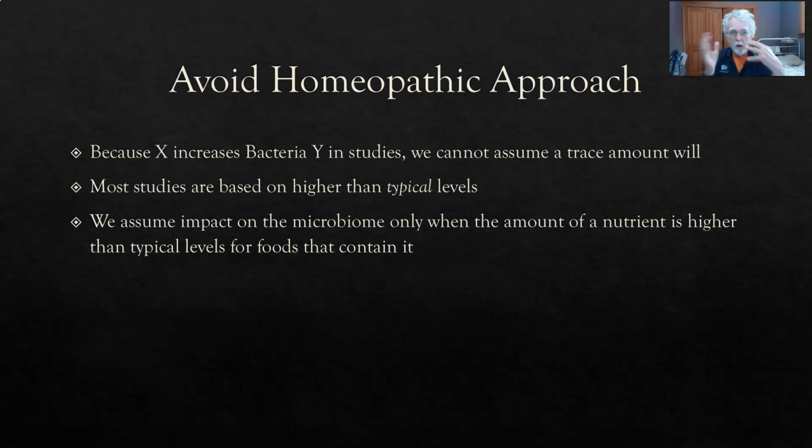So the result is we look at all the nutrients, and we basically ignore the nutrients if they are typical amounts for food containing them. And we only deem the nutrients in the food to be significant when the amount is higher than typical levels for food that contains it. Now, how much higher is subjective, and that is probably going to be subject to tuning as we work with the site.